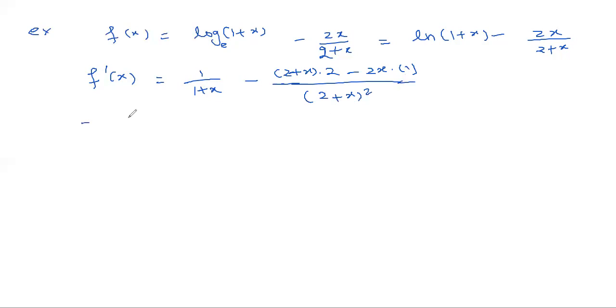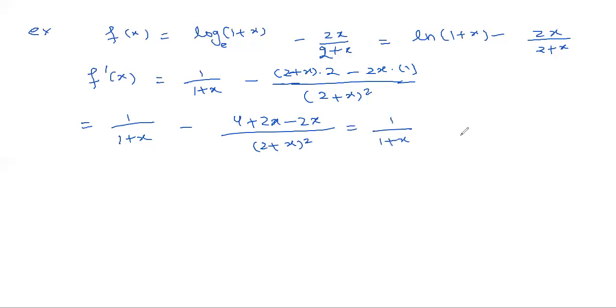It can be simplified further as 4 plus 2x minus 2x divided by the square of 2 plus x, which is equivalent to 1 upon 1 plus x minus 4 over (2 plus x) whole squared.